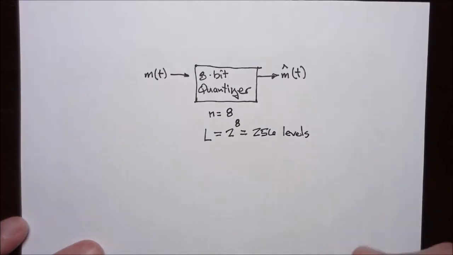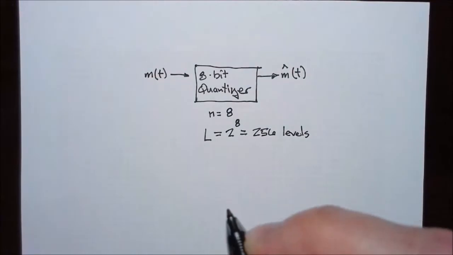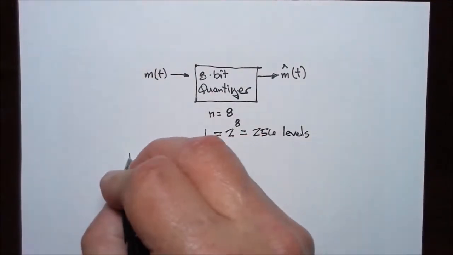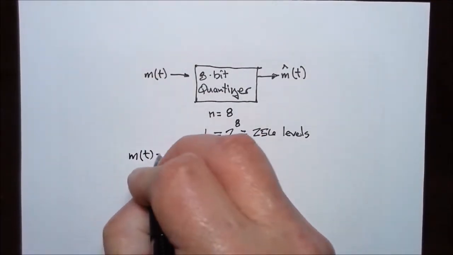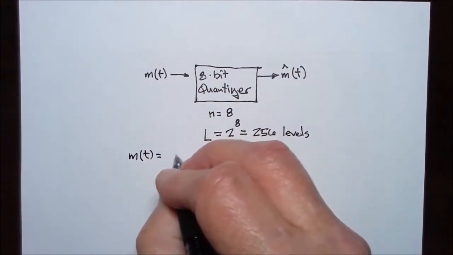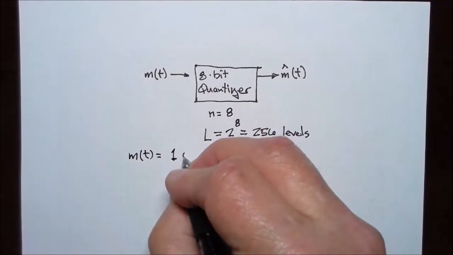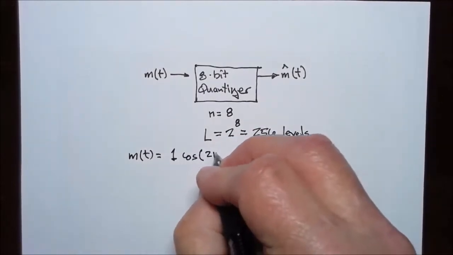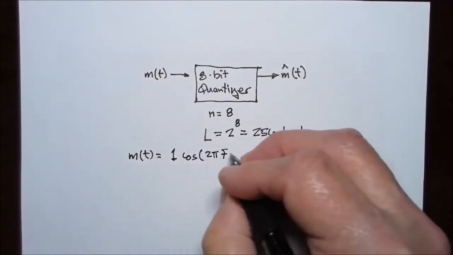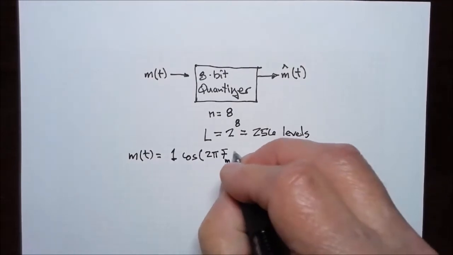Then let's say, for example, the message signal is a sinusoid, amplitude 1 times cosine 2 pi f_m t.